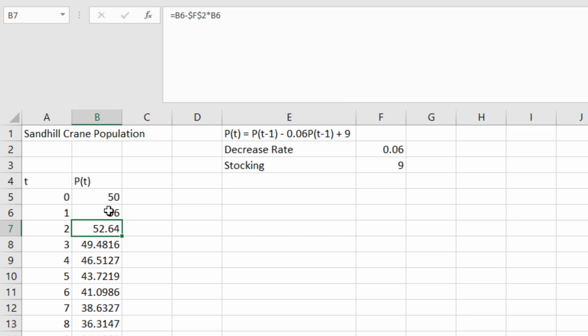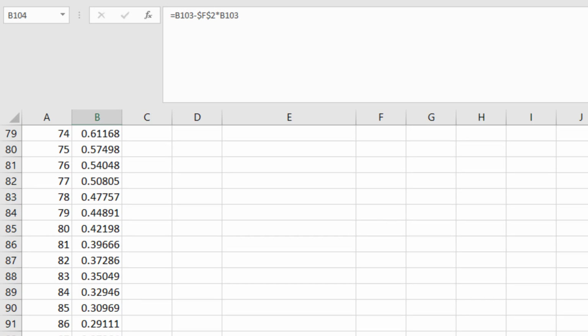When I hit enter, I see that the population did go up by 6 in that first year. Now we should look at the rest of these formulas and note, if we can see in the formula bar, changing between these two, I only changed one formula cell. So if I want this to apply to the rest of the cells, I really should re-drag this to recalculate all these values.